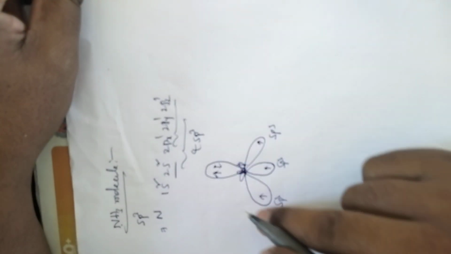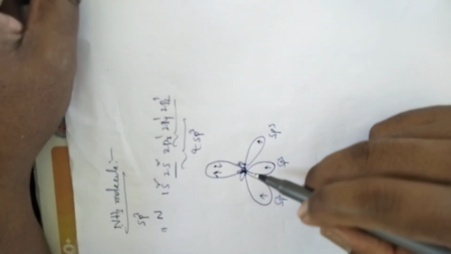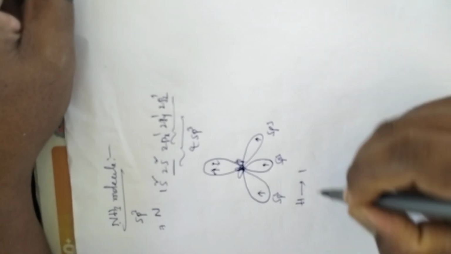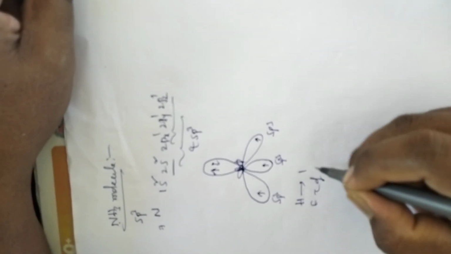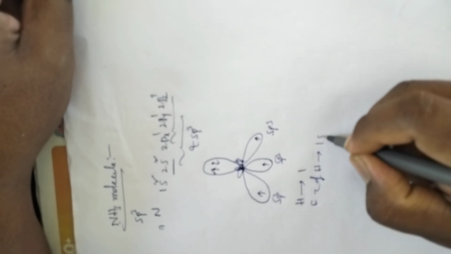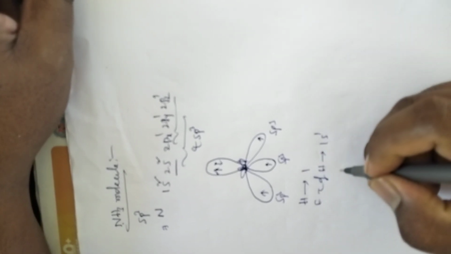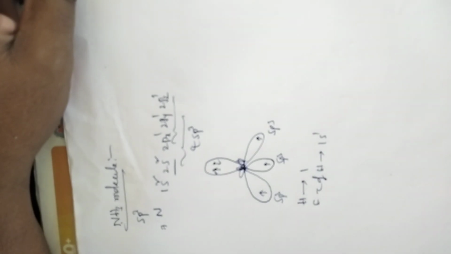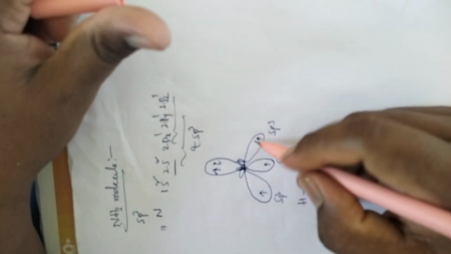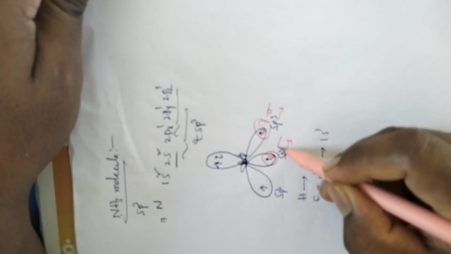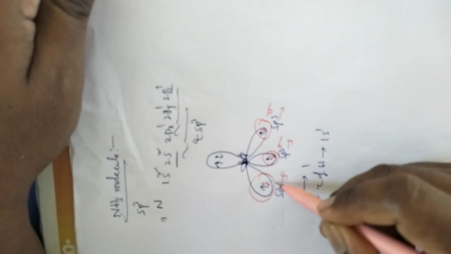The 3 sp3 hybridized orbitals of the nitrogen atom linearly overlap with the 1s atomic orbitals of 3 hydrogen atoms to form sp3-s sigma bonds.